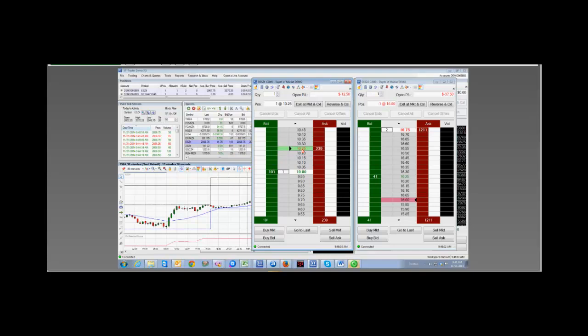We want to narrow the gap between the 10 quarter and the 16. We want the spread to narrow, to go down from 575, preferably down to 0.